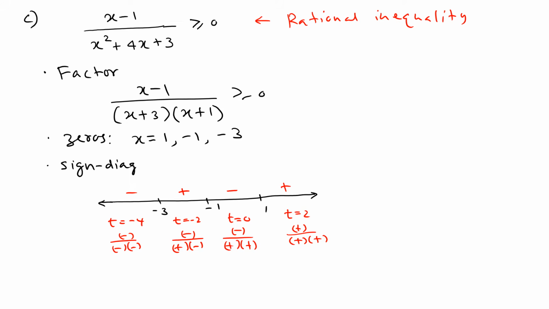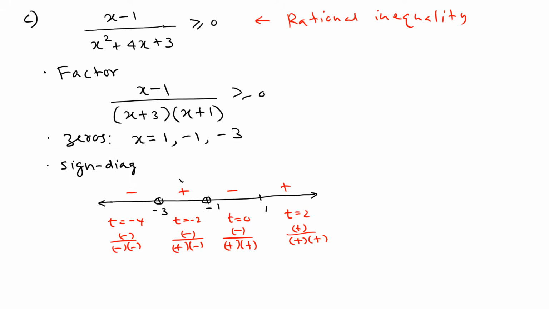So now we can write the solution, but you have to be careful. You want to make sure that you remove the zeros of the denominator, to avoid dividing by 0. So we're going to remove negative 3 from the solution, and we also remove negative 1, because those are the zeros in the denominator. Then we need wherever it's positive.